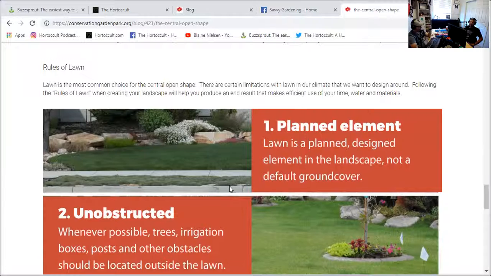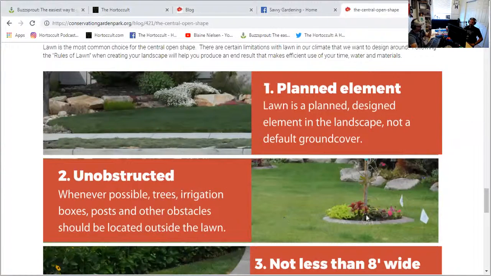Number 2 is unobstructed. So here you have a tree, a planting area really in the middle of the lawn, where you have lawn surrounding it. And then you have this little itty bitty, like the kidney. In Utah, we have the kidney shaped planting bed, where it's such a bad design in functionality.